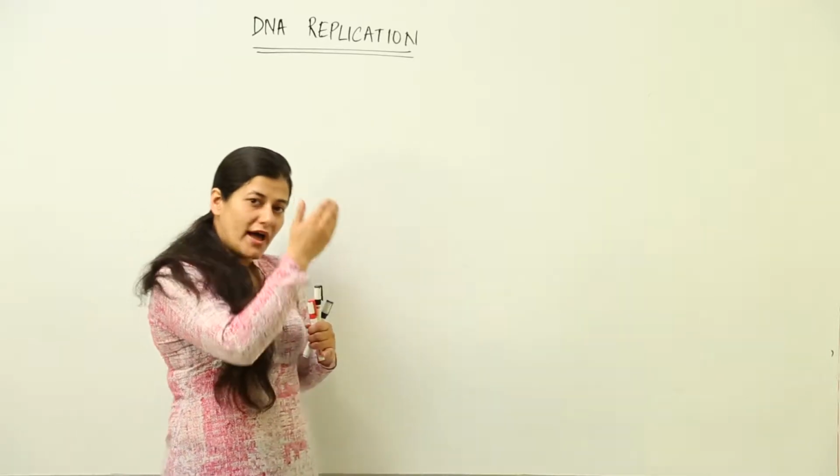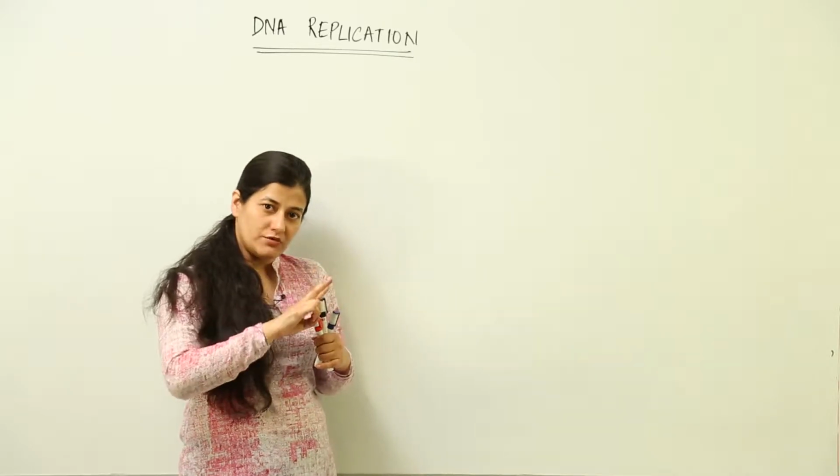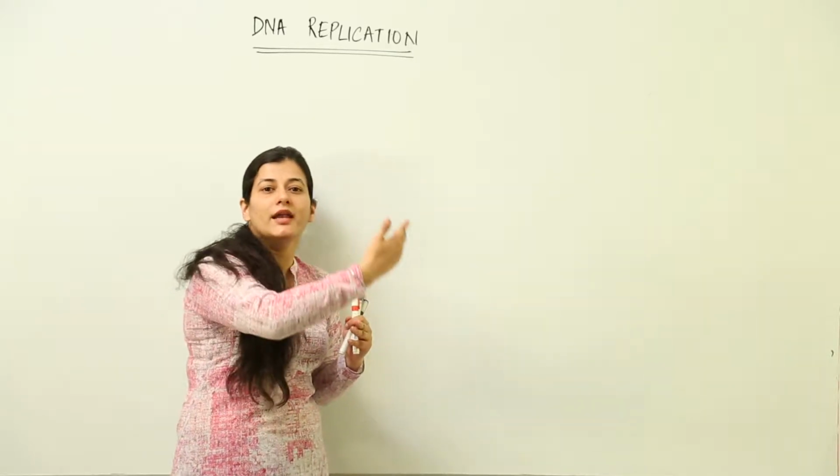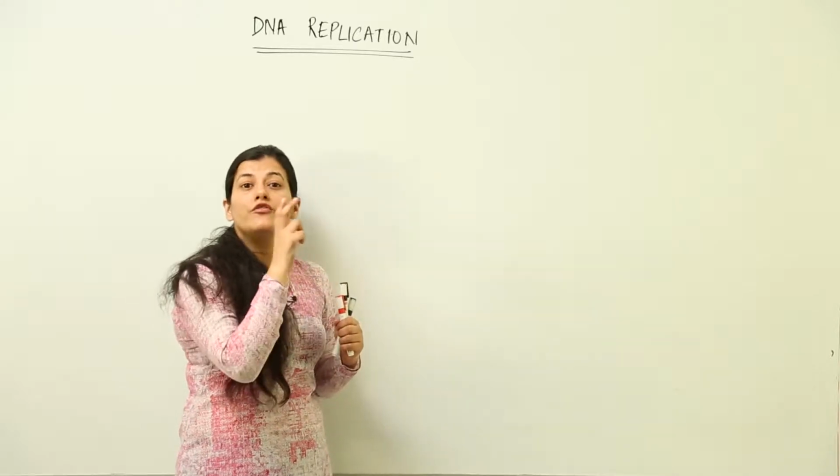That means one strand out of the two complementary strands is going to form another strand, that would be the strand of new DNA.